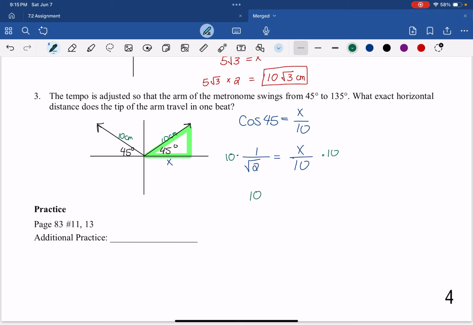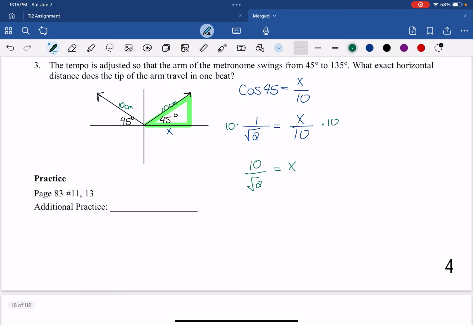So this will be 10 over root 2 equals x. I'm going to rationalize the denominator first and multiply by root 2. So this will be 10 root 2 over 2, which will simplify into 5 root 2.